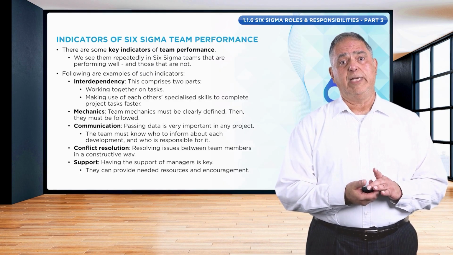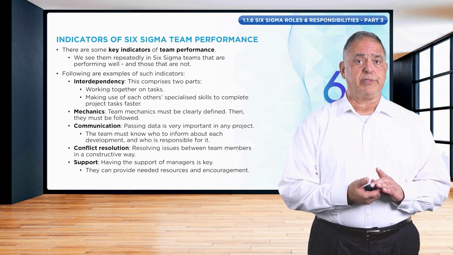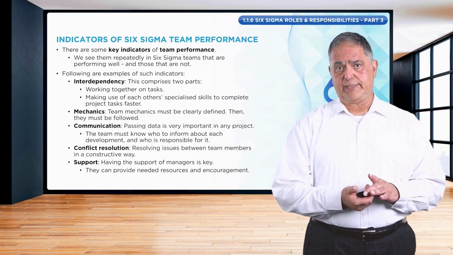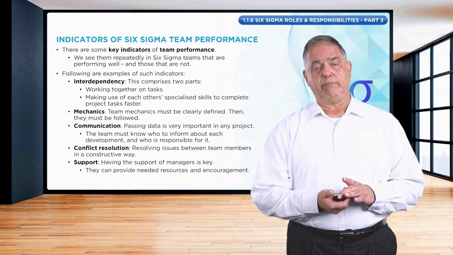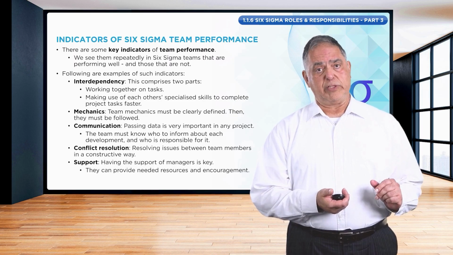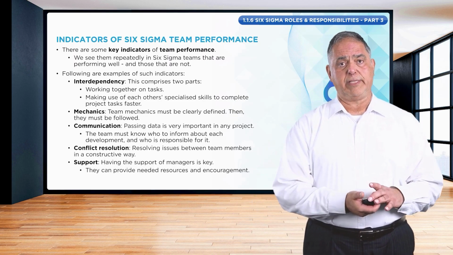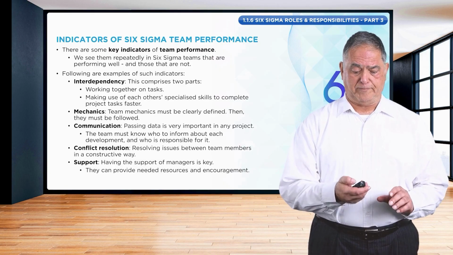And also, is the top management walking the talk? In other words, are they participating in project-related events? Are they demonstrating commitment by allocating resources like people, money, and everything else that the team needs in order to successfully complete the project.